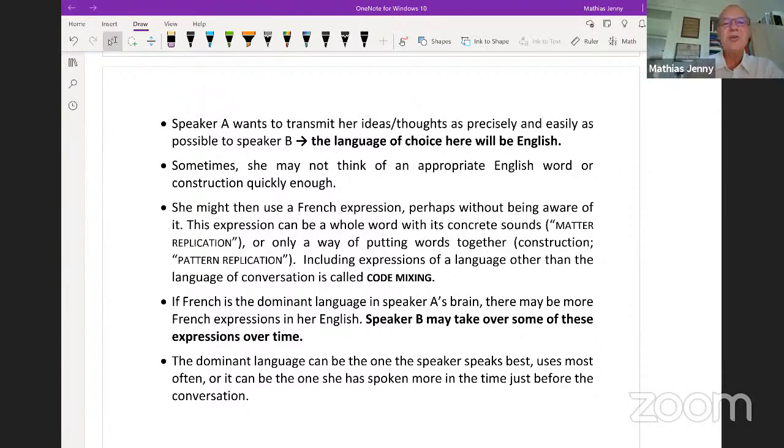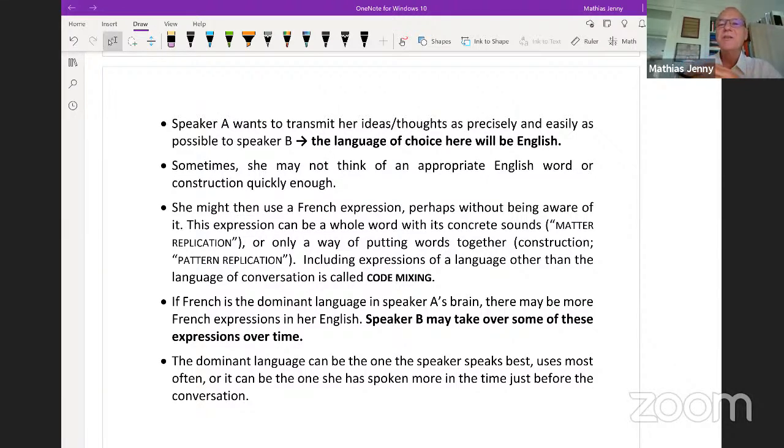as you know, language is used to transmit ideas from my head to your head. So I encode my ideas in language, and I try to do this as precisely as I can, and also as easily as possible, because I'm lazy. But I still want the hearer to understand what I mean.